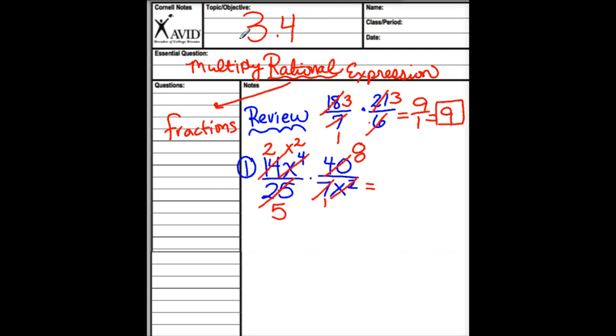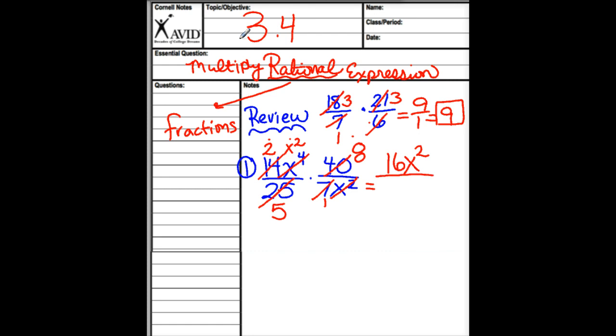When I think, it kind of looks like a mess because I slash at everything, but when I think I've got all my common factors canceled from top to bottom, then I multiply straight across. 2 times x squared times 8 gives me a 16 x squared living on the top.